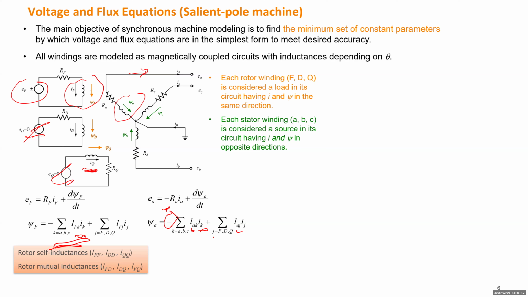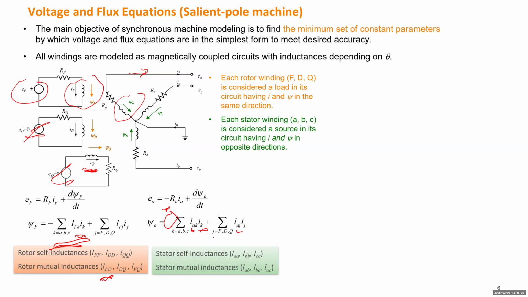If the two letters are different, FD, DQ, FQ, those are rotor mutual inductances. So for instance, capital LFD means the mutual inductance due to the current in the field winding and also the D damper winding. Okay.